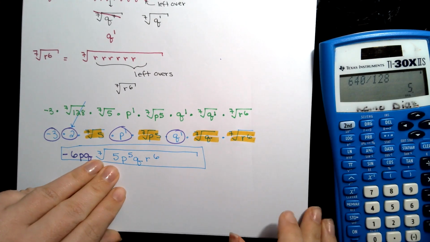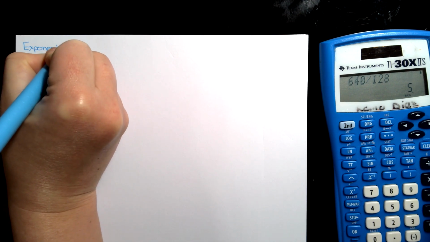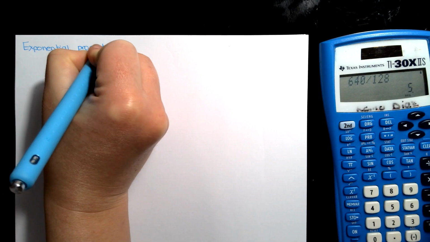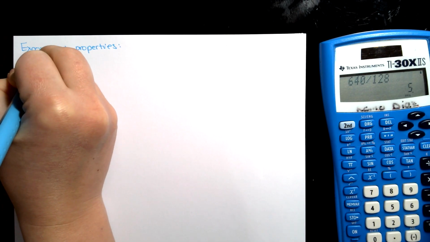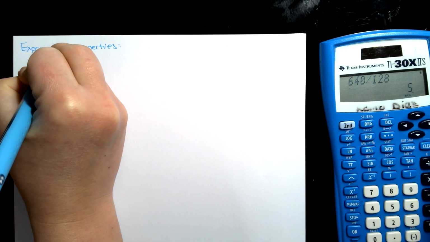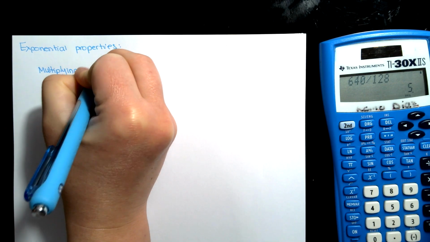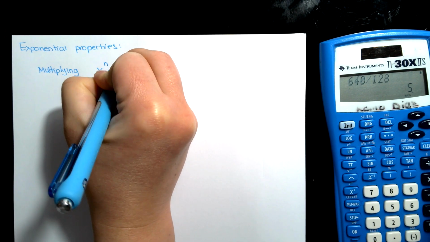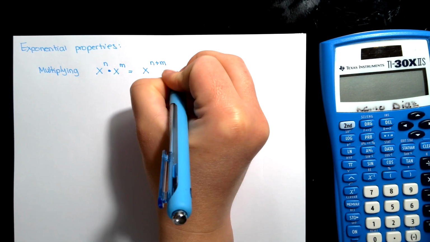Write everything out. So let's go ahead and talk about your exponential properties, since we are talking about exponents. This is a brief review of what to do. So your exponential properties, if you have the same base, so all of these must have the same base. You have the multiplicative property. So if we have x to the nth power times x to the m power, that means we're going to add the exponents.